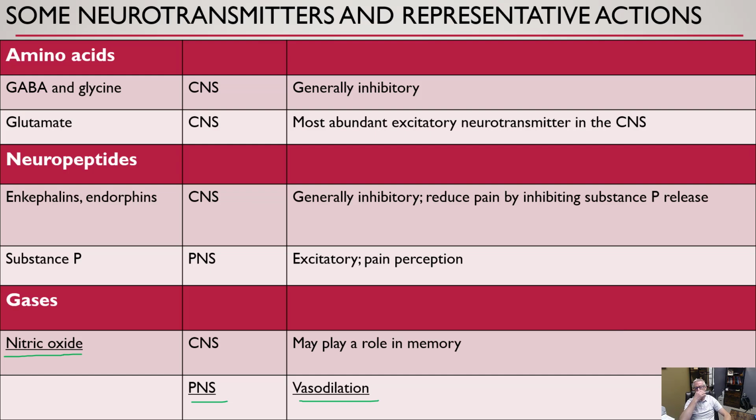The interesting thing about nitric oxide is vasodilation, expansion of the blood vessels. There's a medication out there now that was formulated as a blood pressure medication to lower blood pressure, and it caused vasodilation.